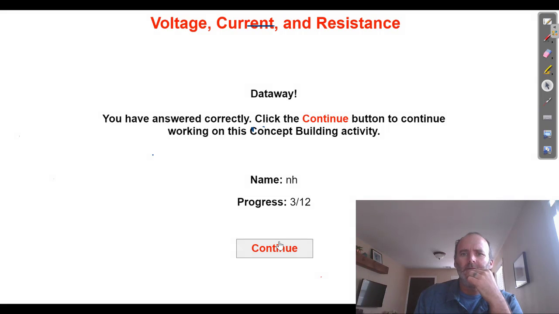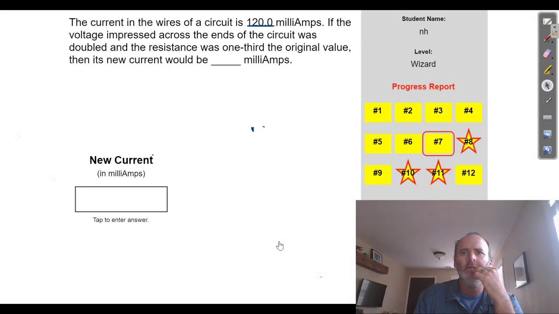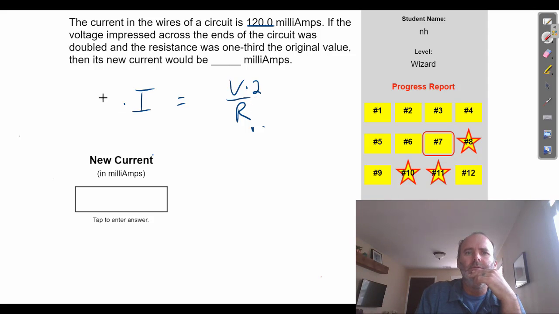Hopefully we get a hard one. Let's set this up: I equals V over R. If the voltage across the ends of the circuit was doubled, remember whatever we do to one side, we have to do to the other. And now the resistance was 1/3 its original value.